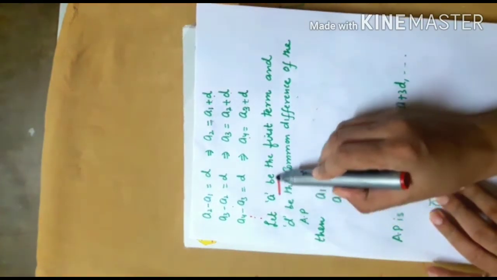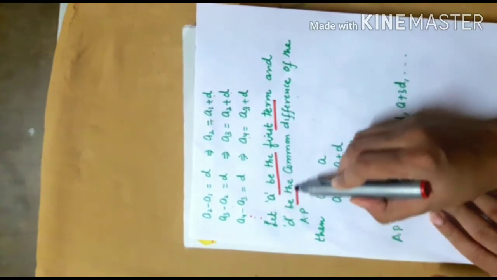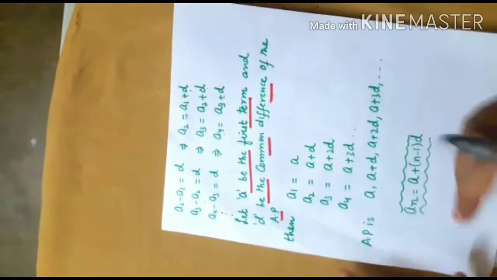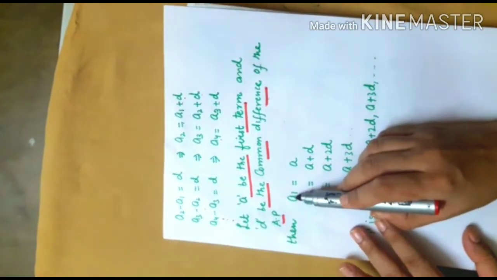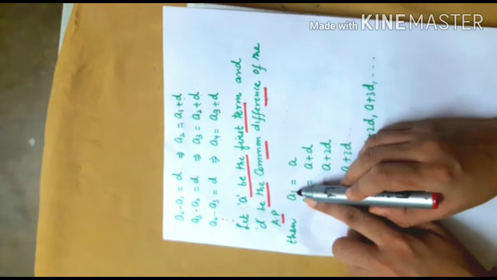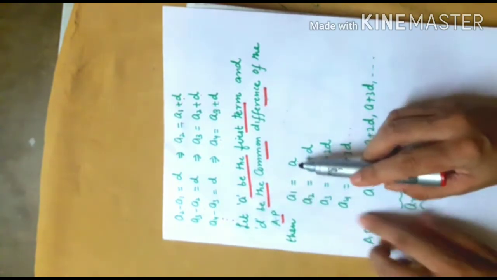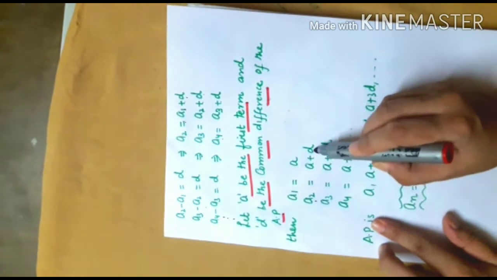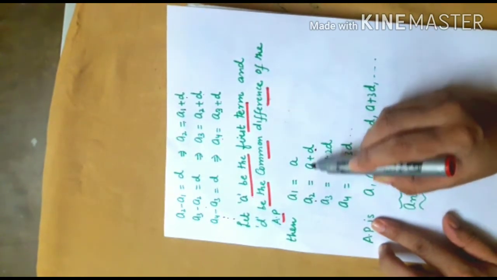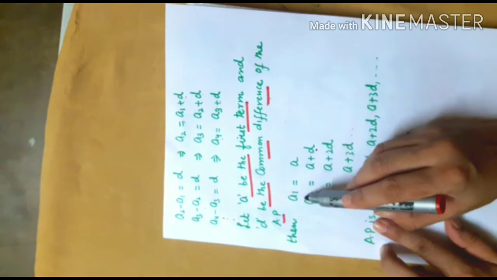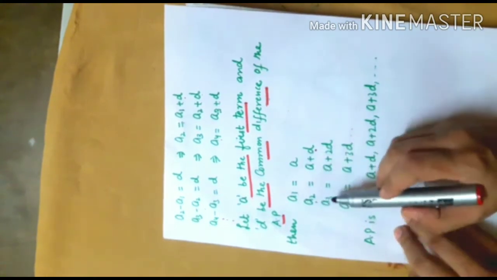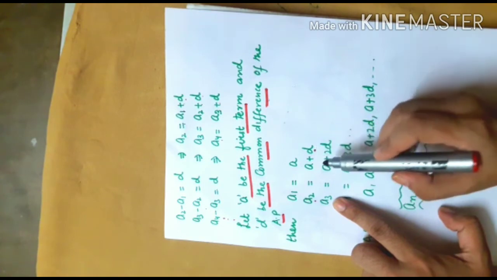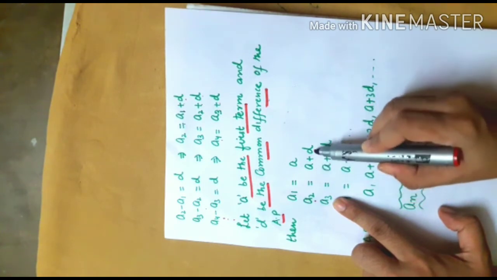So, if A is the first term and D is the common difference of the AP, then A1, which denotes the first term, will be equal to A. A2 will be equal to A plus D, adding the common difference to its immediately preceding term, that is the first term. Now to get A3, I'll add the common difference to A2.